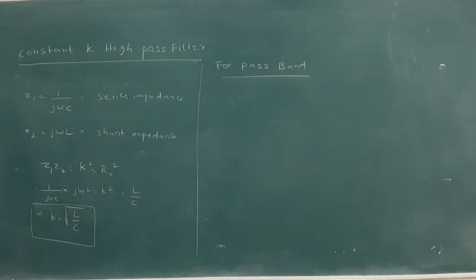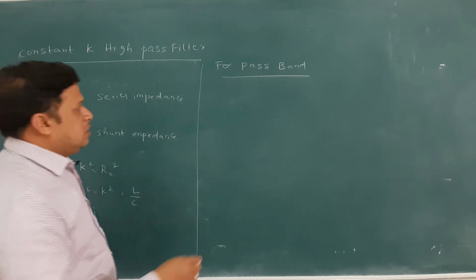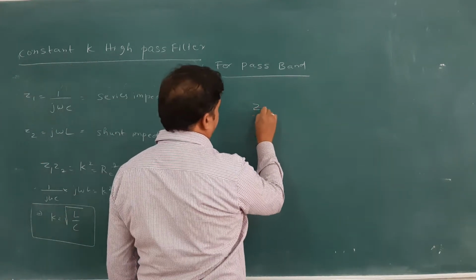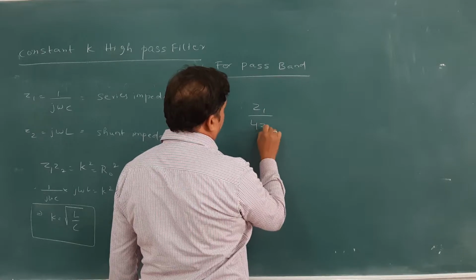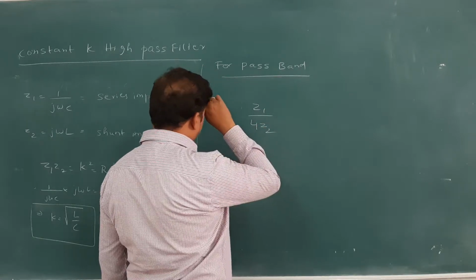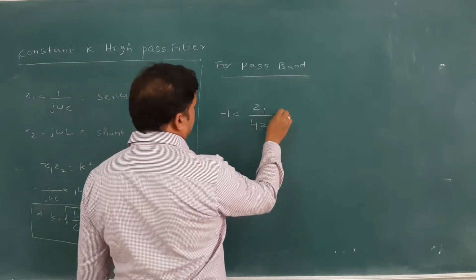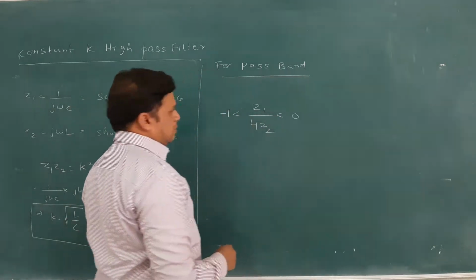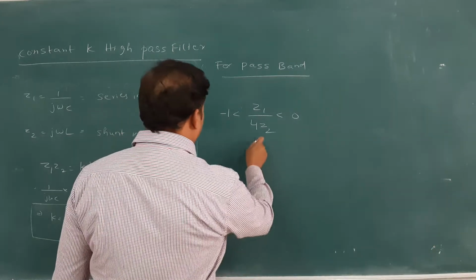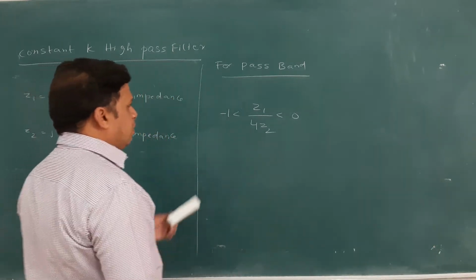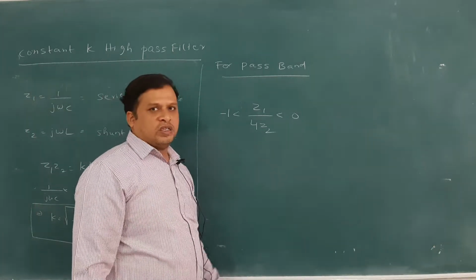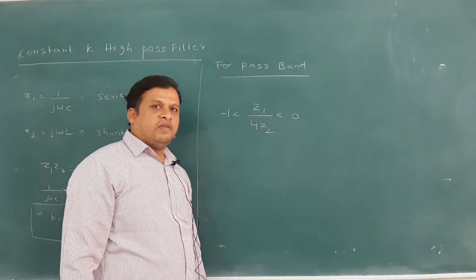The conditions are, from the characteristic impedance, Z1 by 4 Z2 will lie between 0 and minus 1, like this. From this condition we will take the limits, equal to 0 and equal to minus 1, and we will derive the relations.